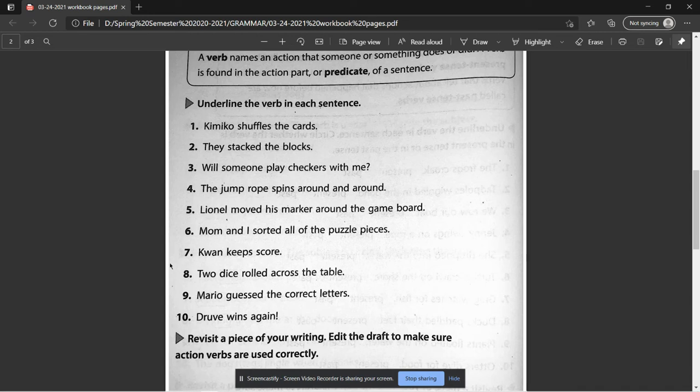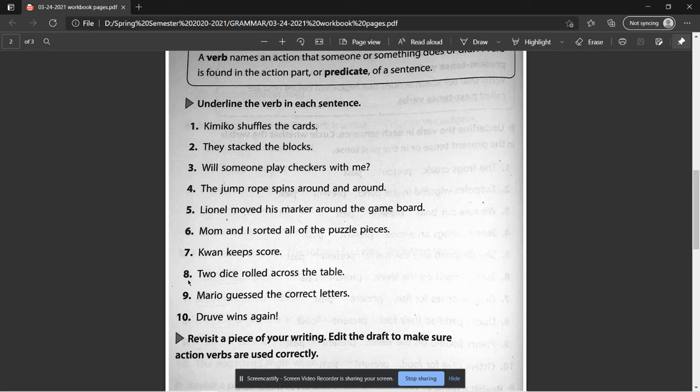Number 8, two dice rolled across the table. So where is my verb? Where is the word that indicates action? Let's see. Two dice. Okay, no, that doesn't indicate action. Rolled. Two dice rolled.